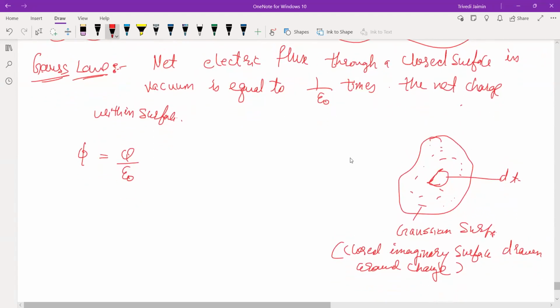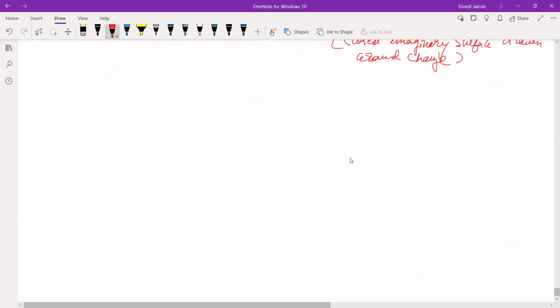Let's write some points about it. Let's take the first one. If there is a surface like this, something surface here, so let's take Q1, Q2 charge.